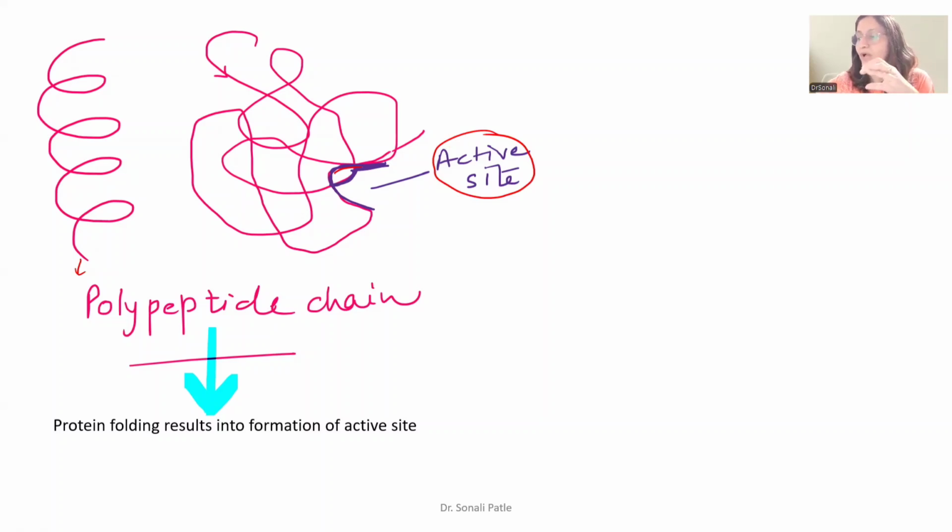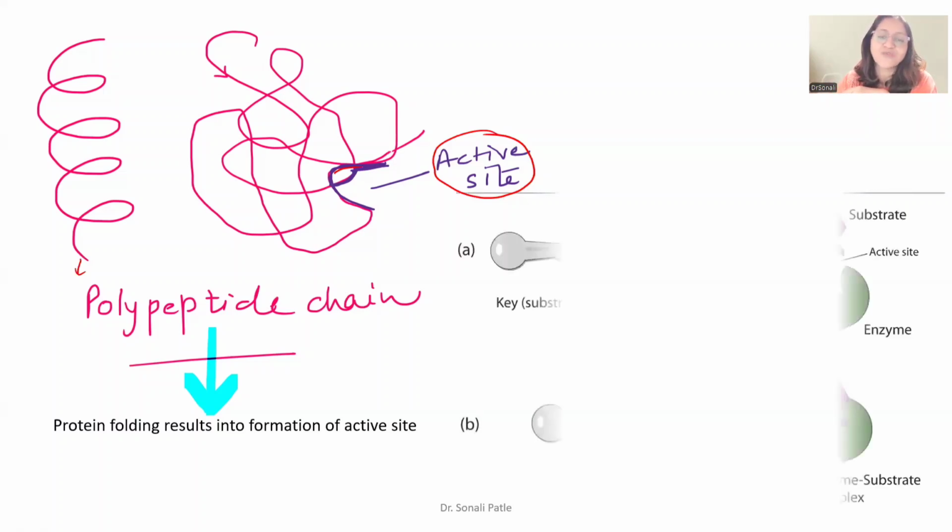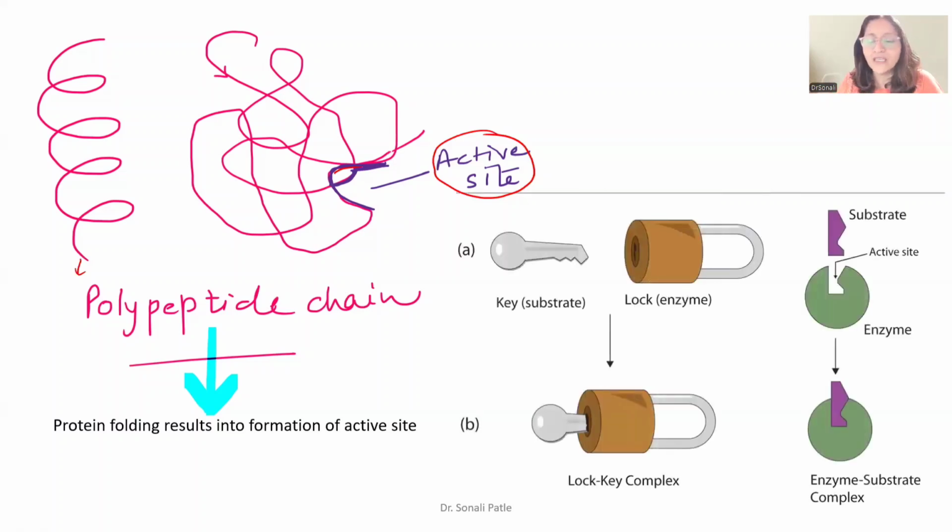For example, if the substrate has this shape and the active site has this kind of shape, then only it will get fixed into it. But if you have a different shape, it won't get fixed into this. This is what we call the lock and key model.